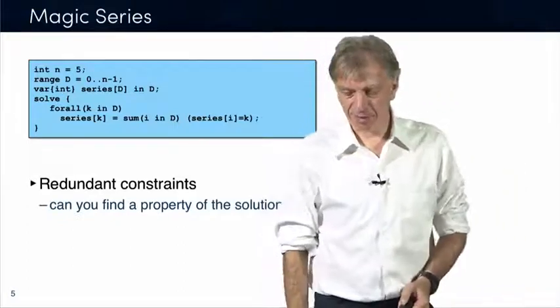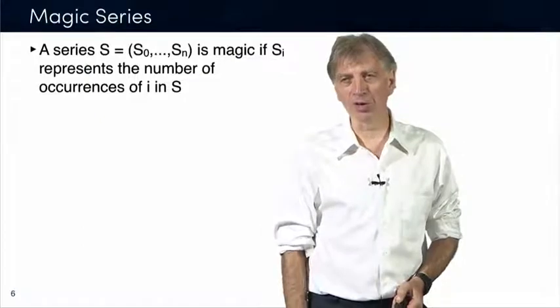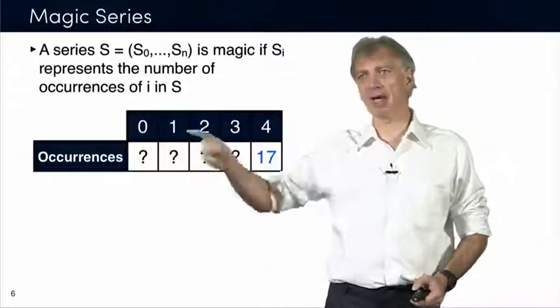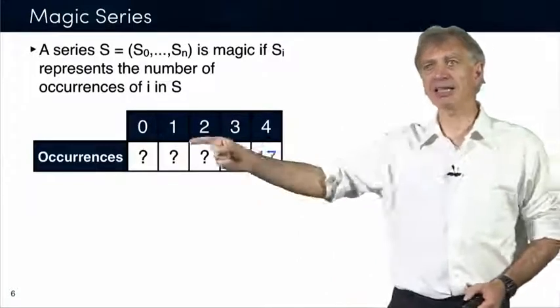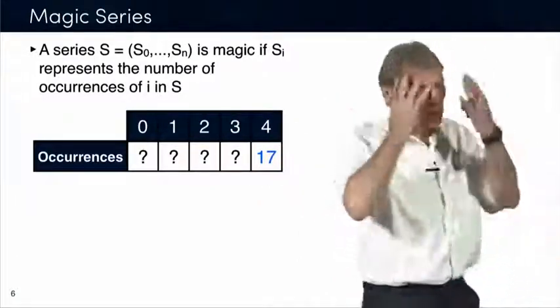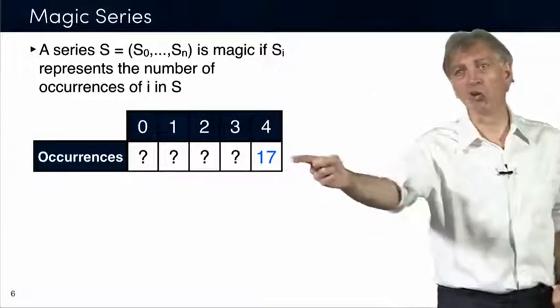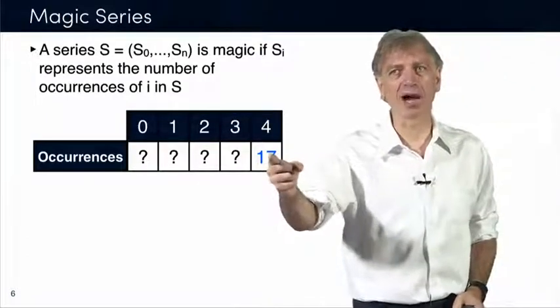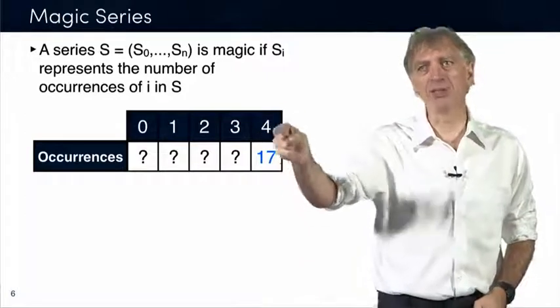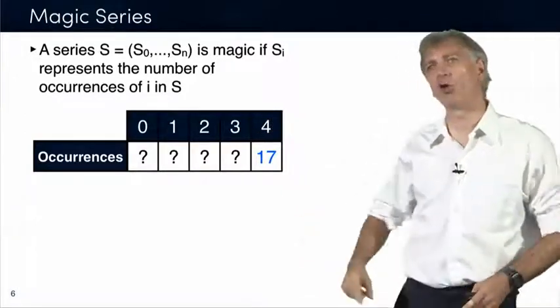Typically, the way you do this is that you exaggerate. So look at this thing. This is my magic series, and I'm asking you, can I put 17 there? I'm exaggerating, nobody would do that. I put 2,000 there, it makes no sense. Why? Because what is 17 denoting there? 17 would denote the number of occurrences of 4 in the series.